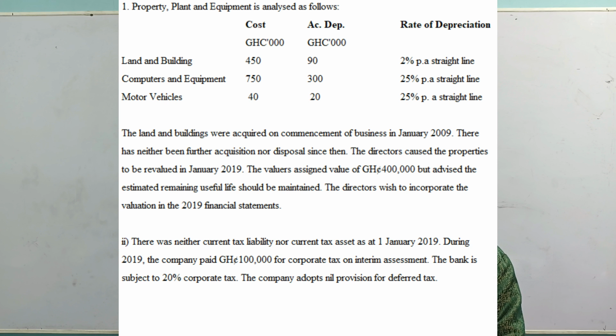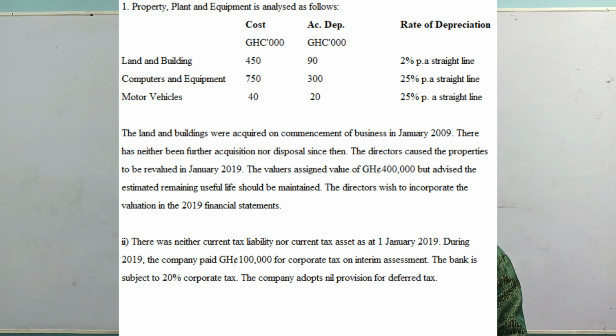We have land and building, computers and equipment, and motor vehicles. If you add the cost values for the 3 of them, it should give you what you have on the trial balance. So land and buildings, the cost is 450. Computers and equipment, the cost is 750. If you add that, that gives you 1,200. And then motor vehicles is 40. So the 3 of them will give you 1,240.